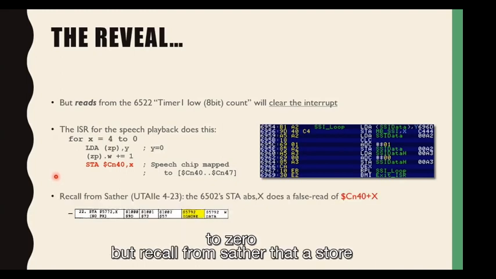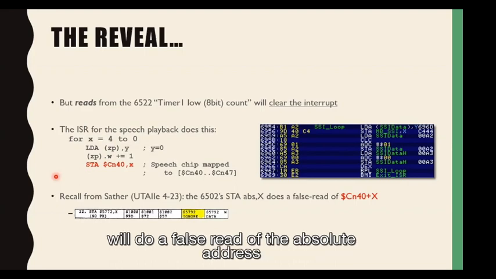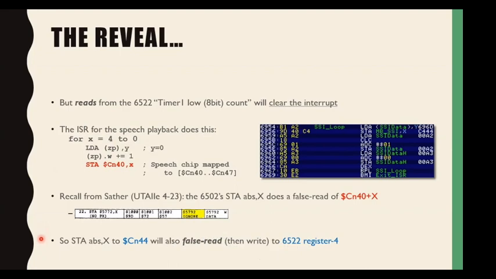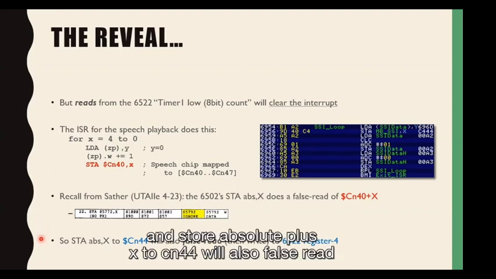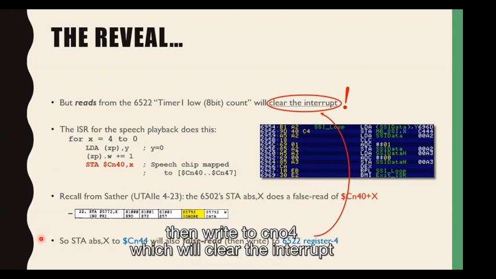But recall from Sather that a store absolute X will do a false read of the absolute address plus the X register, and store absolute plus X to CN44 will also false read, then write to CN04, which will clear the interrupt.